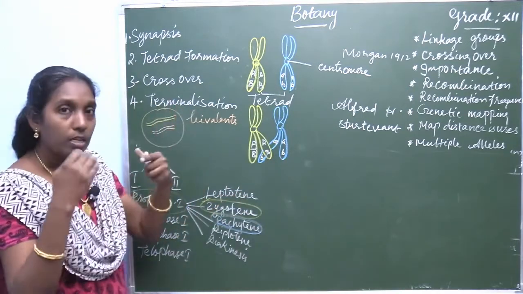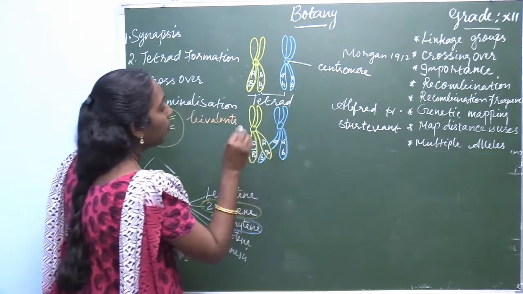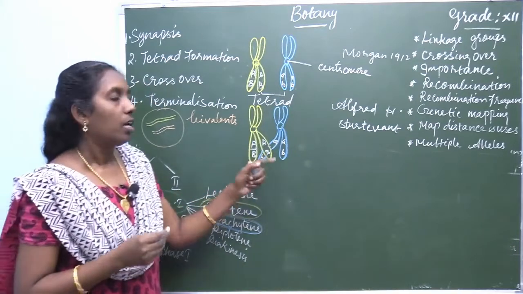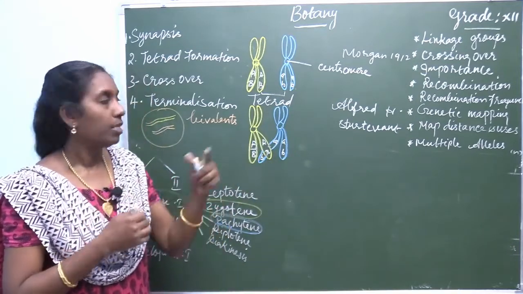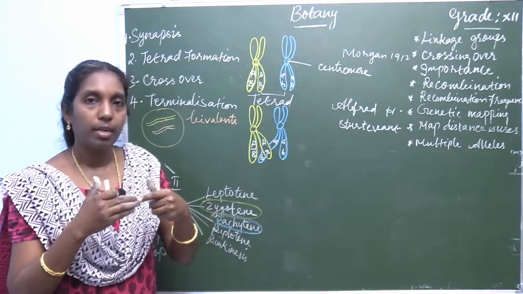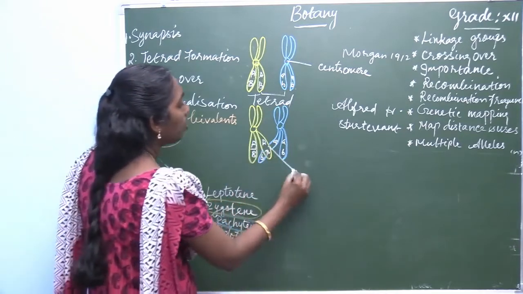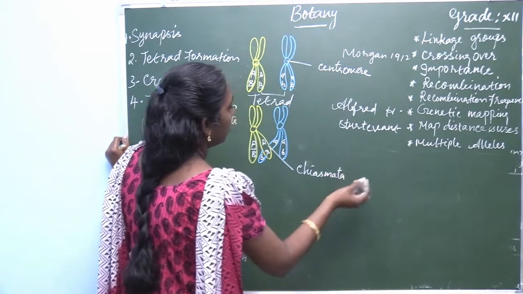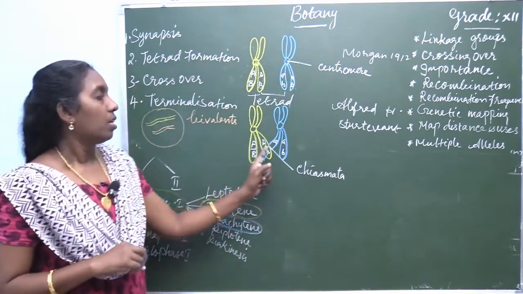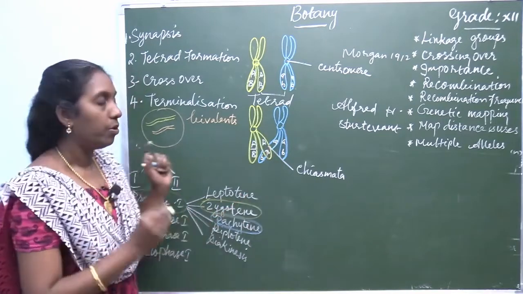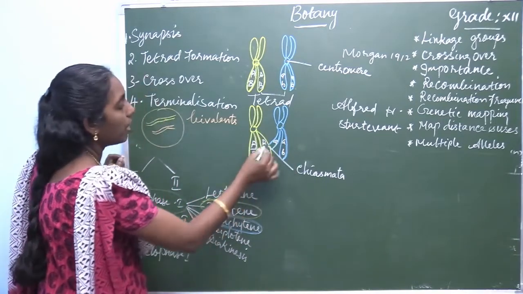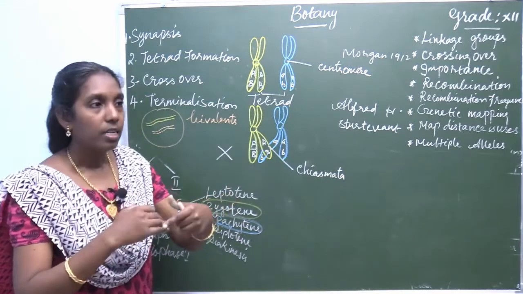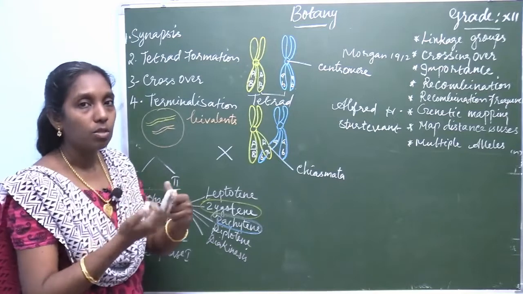What happens during crossover? At a particular point the non-sister chromatids are joined. This point is called the chiasmata. At this point it produces a cross-shaped or X-shaped structure where the segments are exchanged.